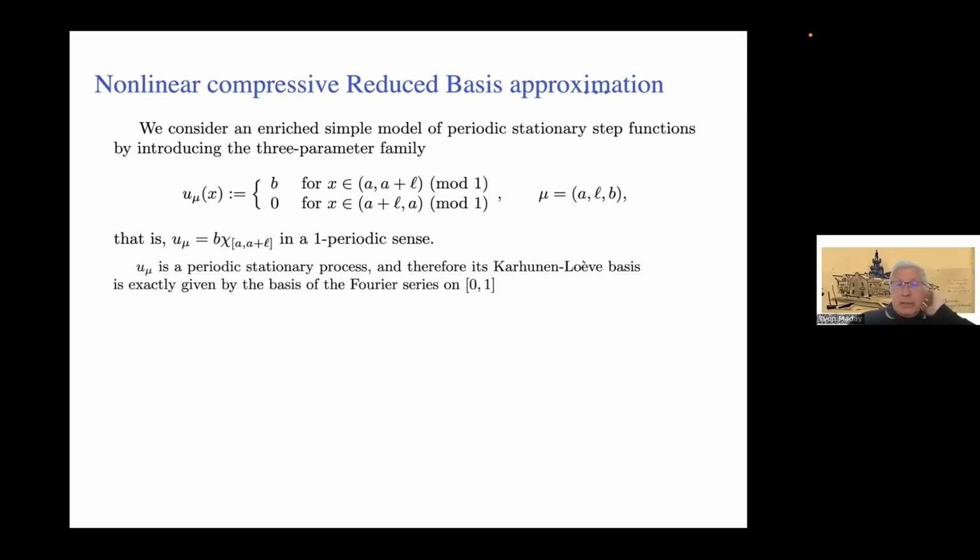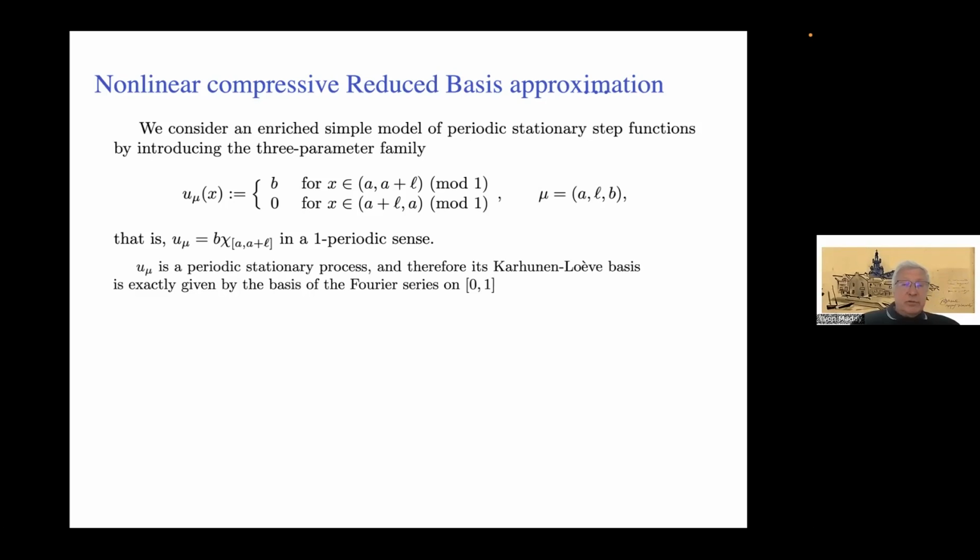And so first of all, what is the reduced basis associated to the set of all u_mu? It appears that u_mu can be seen as a periodic stationary process, and then the Karhunen-Loève basis is exactly the Fourier series basis on 0, 1.